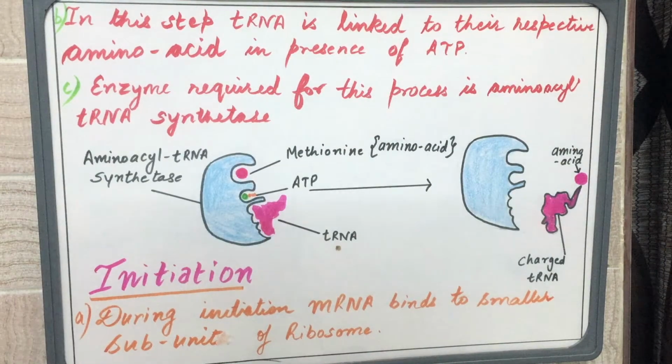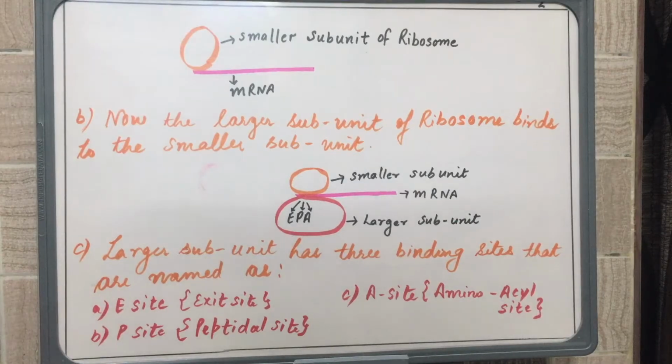Now the next step after charging of tRNA is initiation. During initiation, the mRNA will bind to the smaller subunit of the ribosome. Now let us understand this with the help of the diagram. As you can see, mRNA has bound to the smaller subunit of the ribosome.